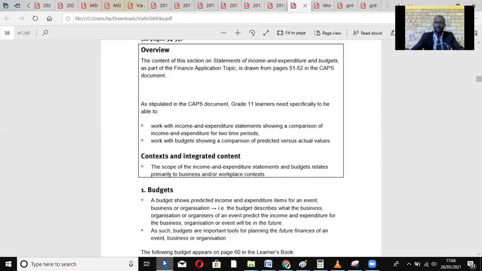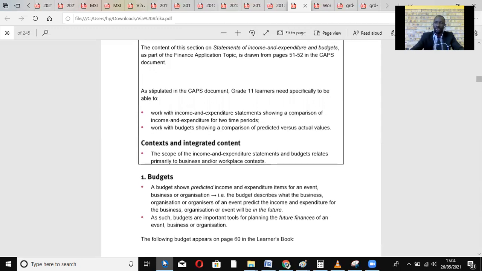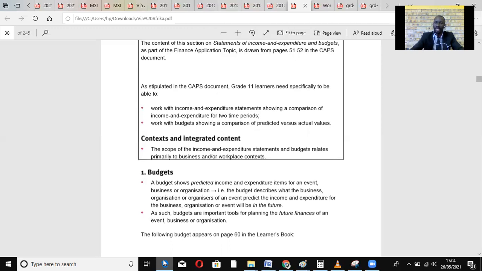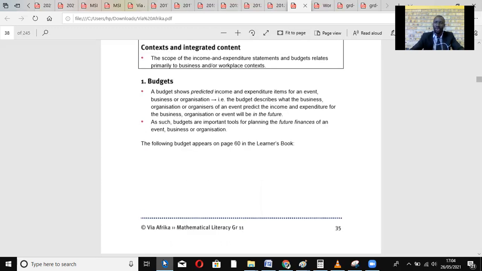Now, the context of this item that we are talking about, that is the scope of income and expenditure statements and budgets, relates majorly to businesses and workplace contexts. So now precisely, what do we mean when we are talking about budgets?